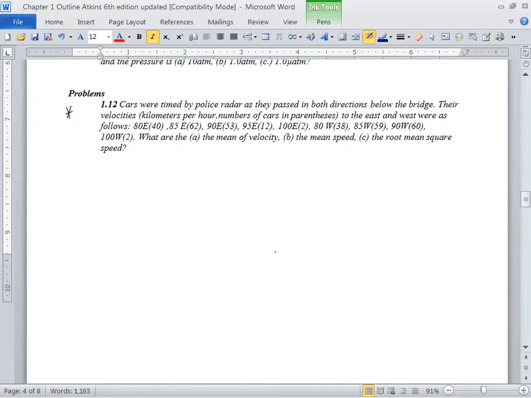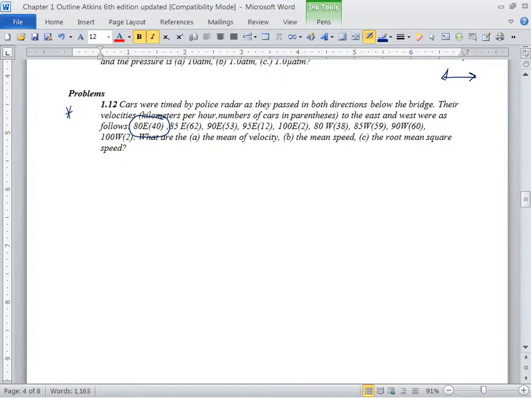So they're not going north and south, they're going east and west. Do you see how it's trying to say this? You need to decide. And the number in parentheses, that's how many?